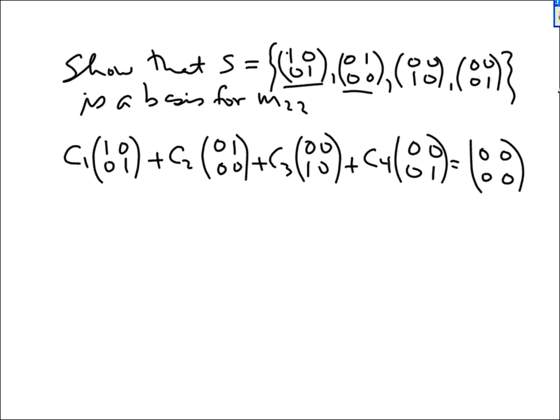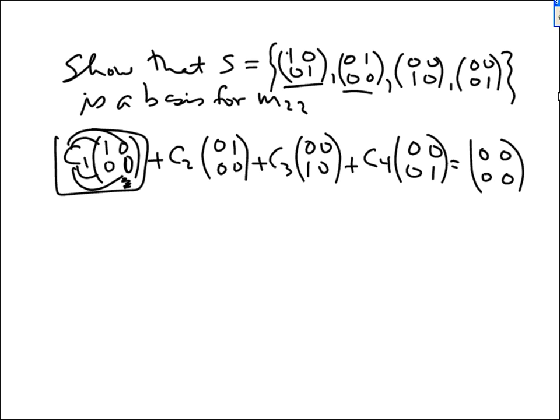Does this imply that all the C's must be zero? C1, C2, C3, and C4 must be zero. Well, this here is just multiply each entry. That should be a zero down here, sorry.